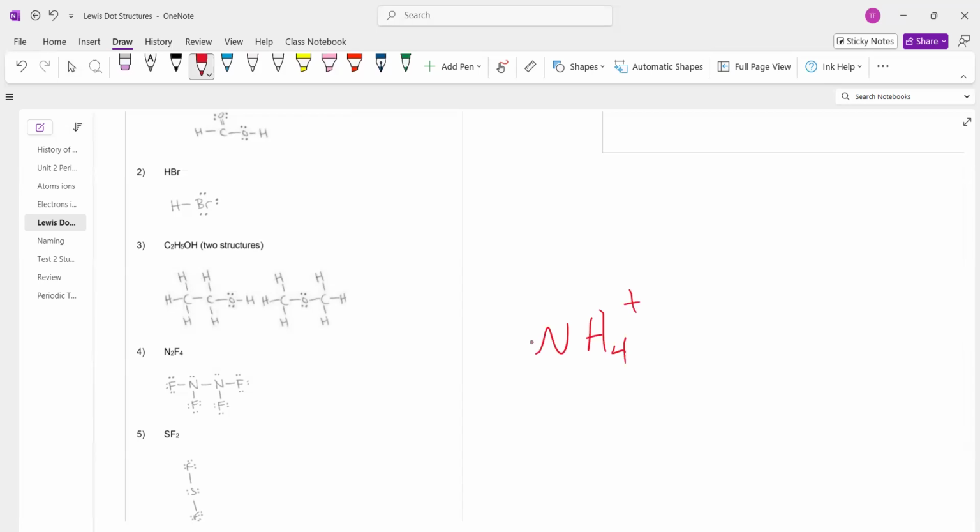This is the ammonium ion, NH4. And as you can see, it's a positive cation. So let's draw the nitrogen. We need 4 hydrogens.